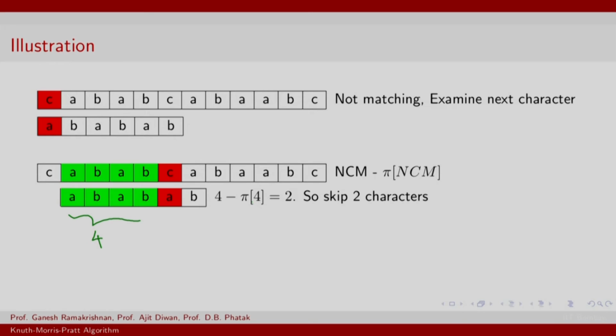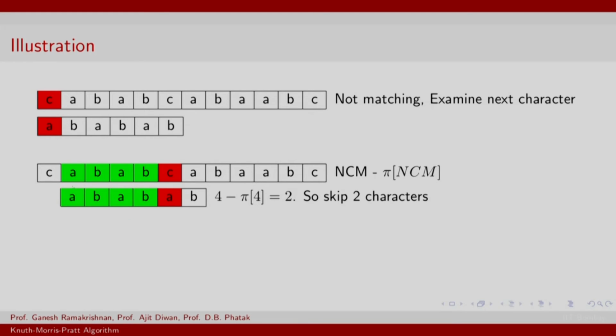So we look at pi 4, which corresponds to the length of the longest prefix that is a proper suffix of the pattern P1 to 4 ending at B, and it turns out that this is AB. So we know that this is the length that we should be careful about.